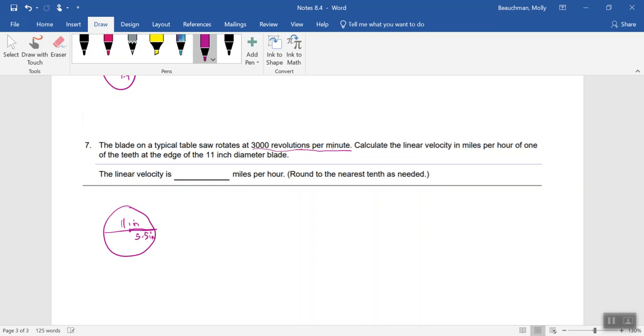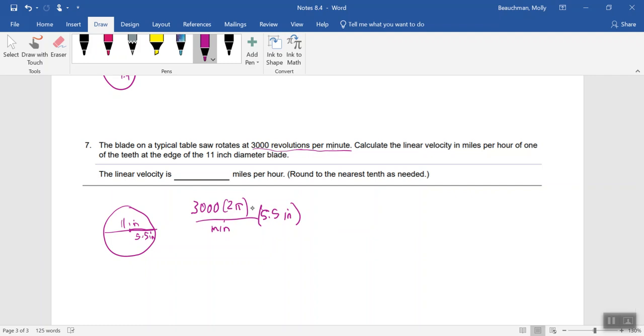We have 3,000 revolutions per minute, and going completely all the way around once is 2 pi. So 3,000 times 2 pi per minute is the angular speed. Then we're going to take that value times the radius, 5.5 inches. Now this will tell us inches per minute, and then we're going to have to convert that to miles per hour.